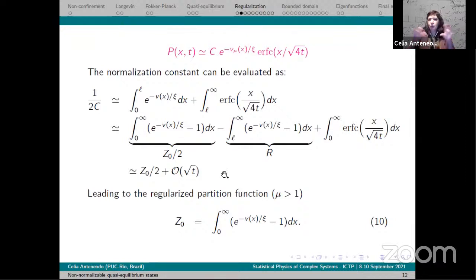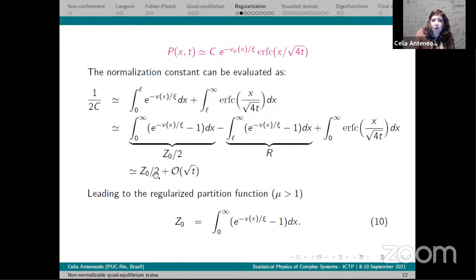We decompose the whole area in regions that have well-defined characteristics. This term will be negligible. This term we can integrate exactly, and it will scale order square root of t, so it can be very large at long times. And this first term is time independent and is dominant at intermediate scales.